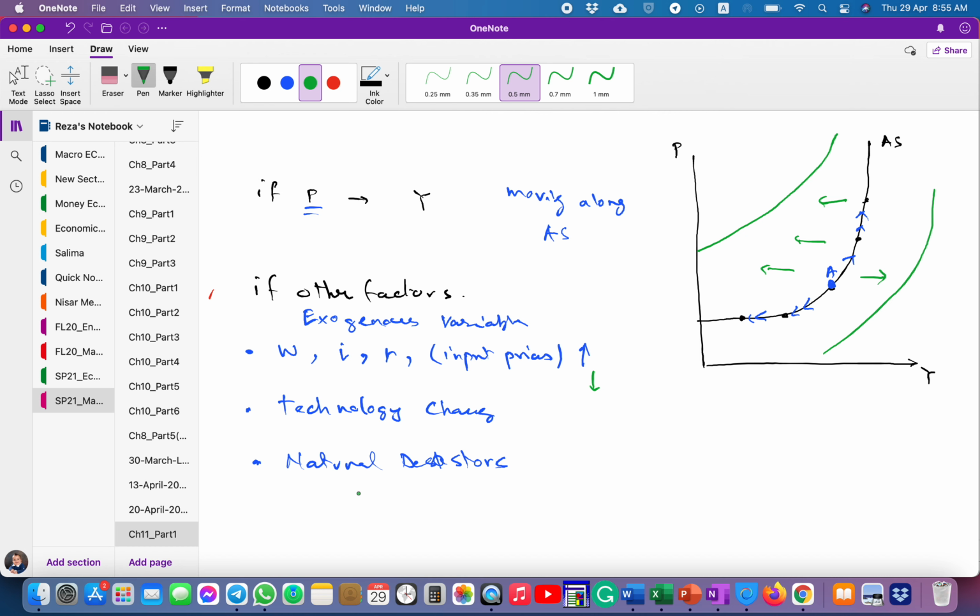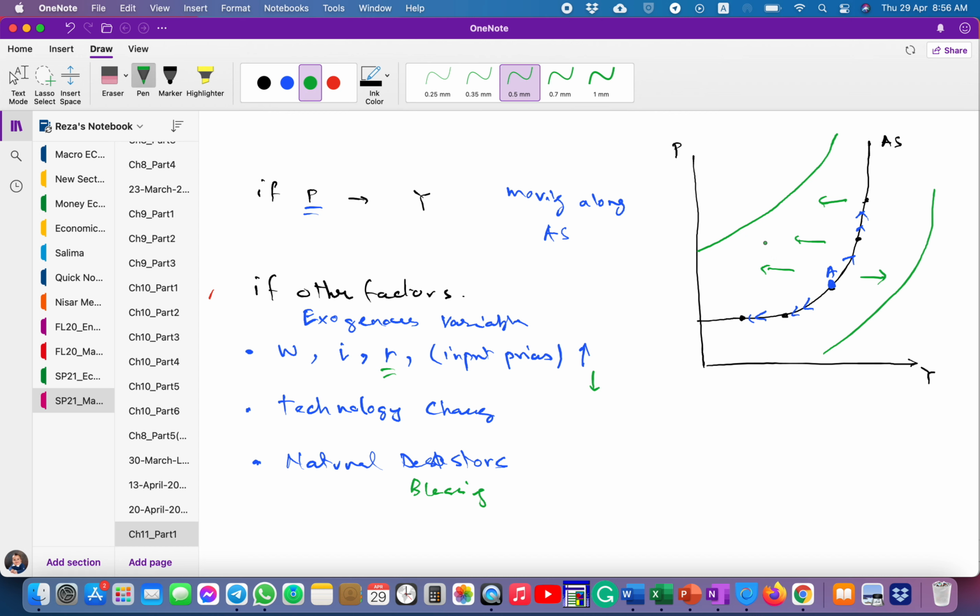Or sometimes a natural blessing may happen. A good rainfall helps the agriculture sector, so the aggregate supply is increasing. In terms of resources, oil is an important input to an oil consuming economy.